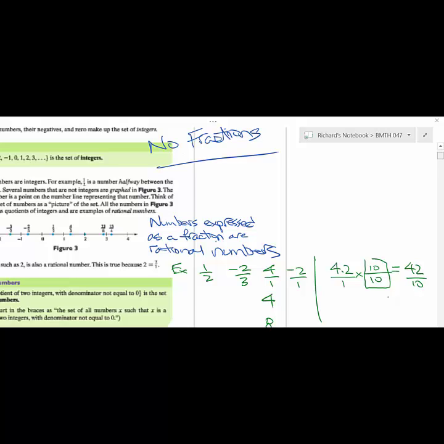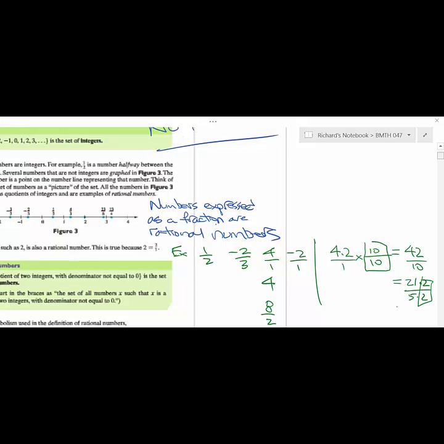Well, 42 over 10, that fraction, is the same as 21 times 2 divided by 5 times 2. Once again, anything divided by itself is 1. So 4.2 can actually be written as 21 over 5. So any non-repeating decimal number can be written as a fraction and is a rational number.